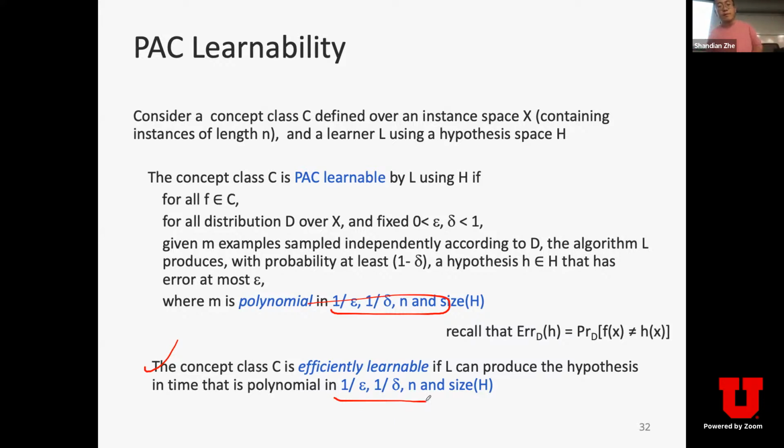So it basically means that C is efficiently PAC learnable by L if L not only needs a polynomial number of training examples M, but also the time complexity is polynomial in those 4 numbers. There's both lower sample complexity and lower computational complexity. Okay.